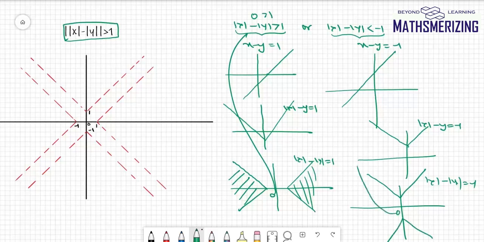Now for the inequality again, I'll put the value of the origin. So 0 is less than minus 1, which again is incorrect. So again, the shaded region is going to represent this inequality. So the region bounded by this given inequality is this.